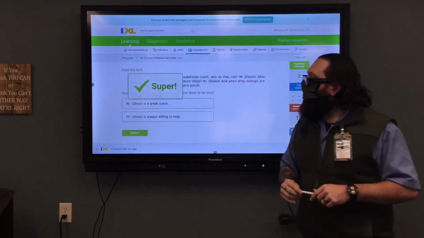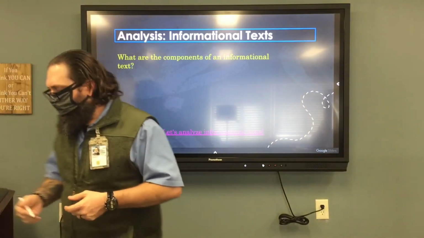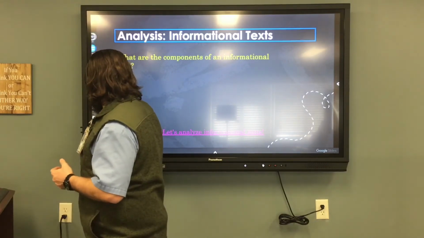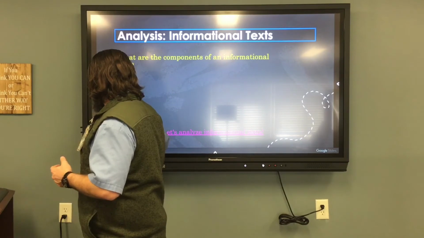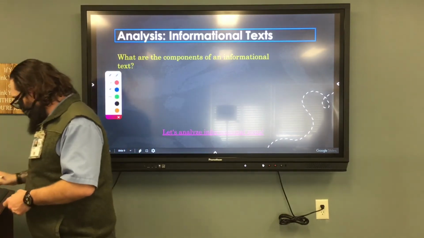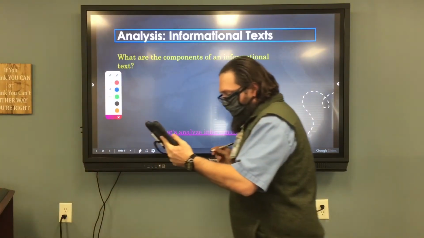So, excellent work. So when we consider an informational text, what I mean by components, let's write a couple of examples up here so that you have an idea of what I'm referring to.